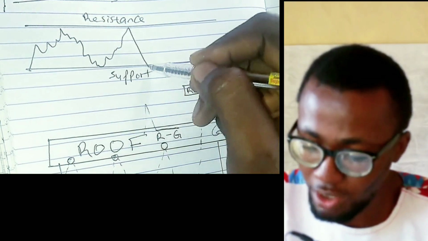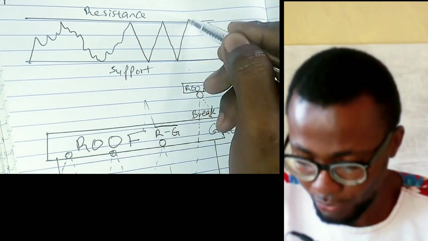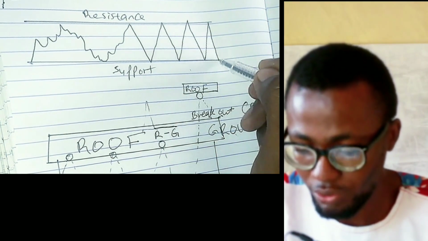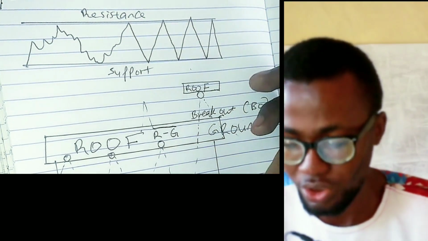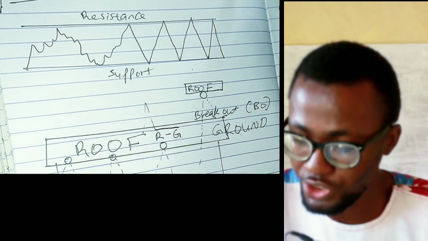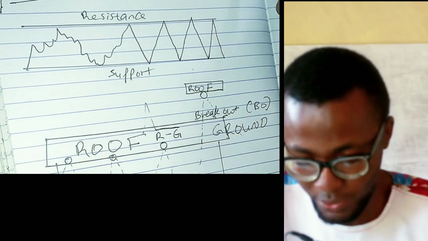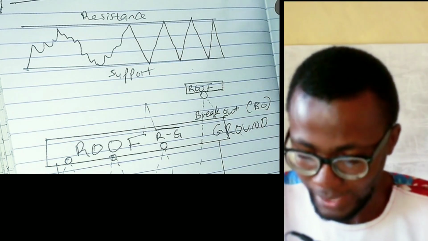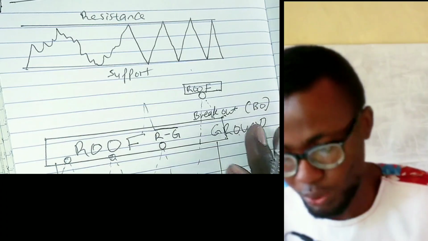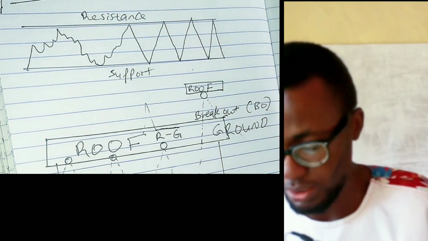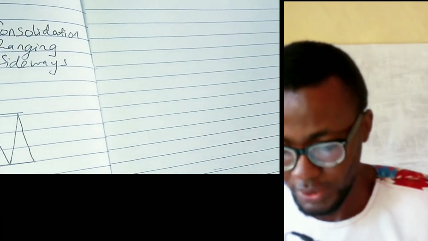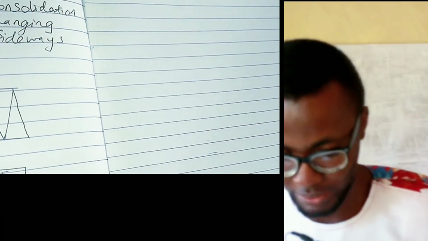So whenever you see up, down, up, down, up, down movements like this, you know that this is what they call a consolidation, a ranging market, or a sideways market. I believe that you have understood what I mean by a consolidation.